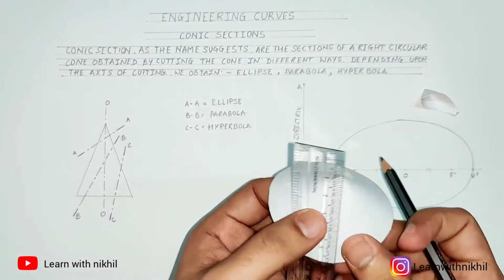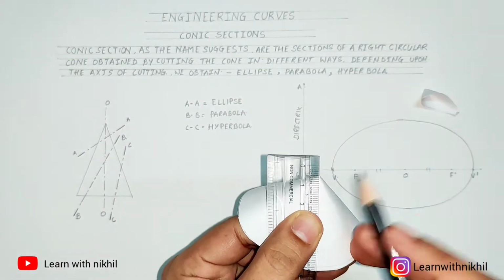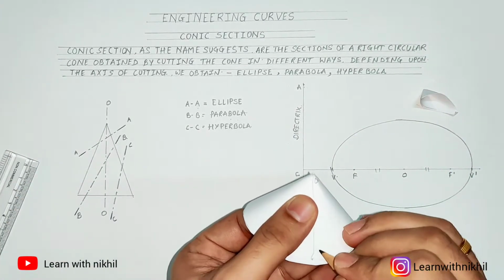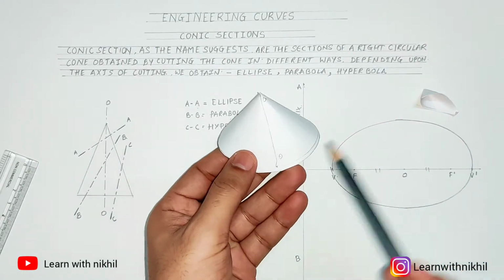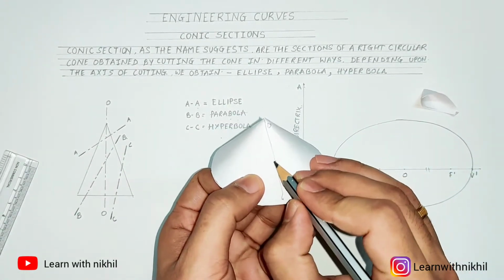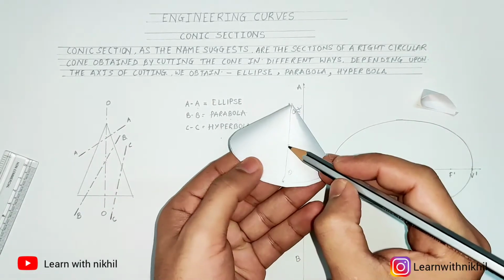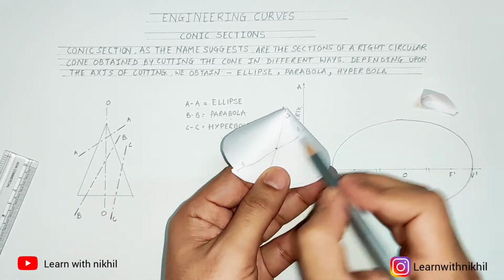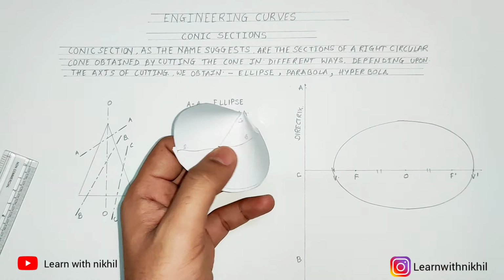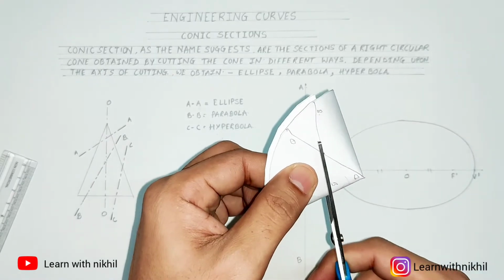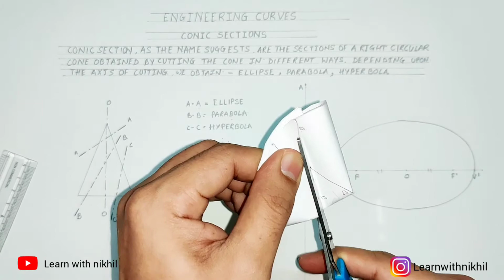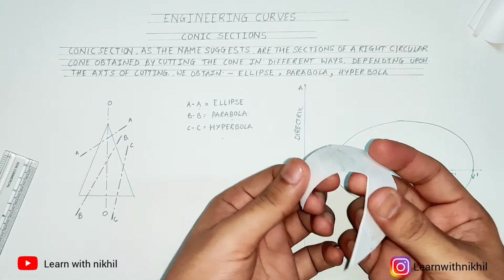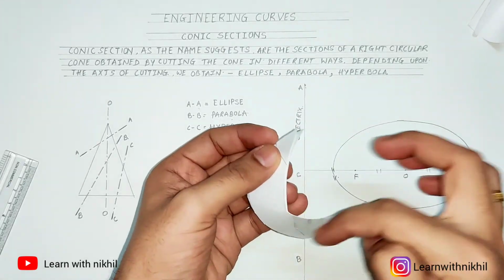I'll again mark the center line, that is OO dash, and through this height the center point we will mark, and through that center point we will cut the line B. Now here the curve which is formed is called a parabola.